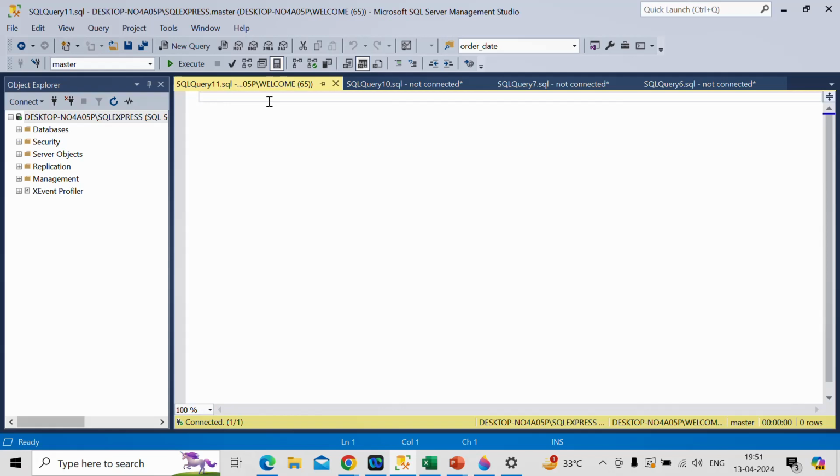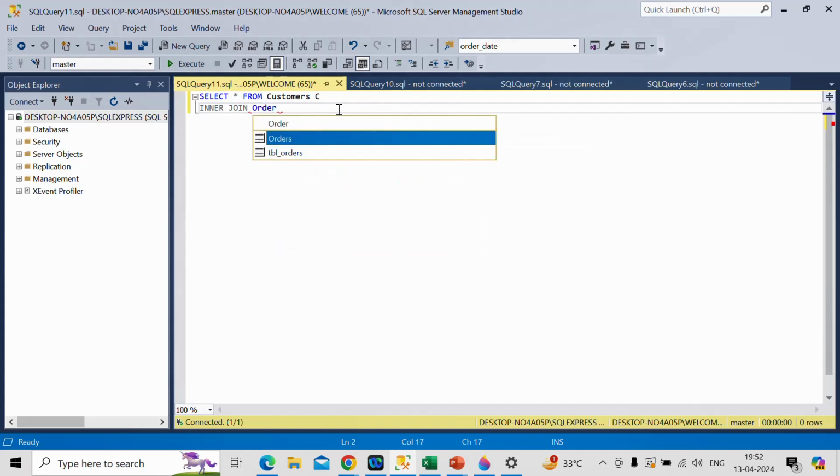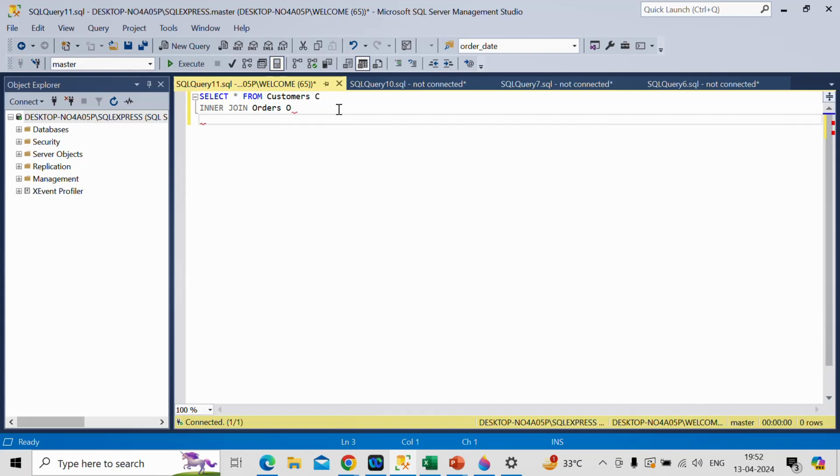I'll write select everything from the first table, which is customers. Now I'll give a name to this table as C. Since I want to perform inner join, I'll write inner join. Another table is orders. I'll give it the name O. Now, on which key do we have to perform the join?